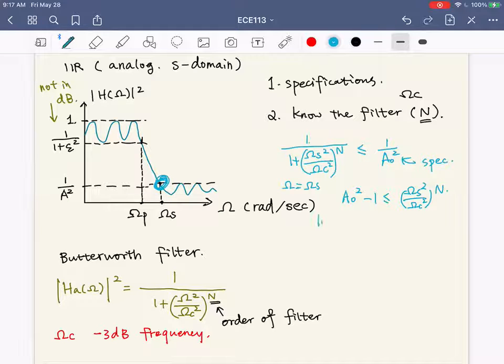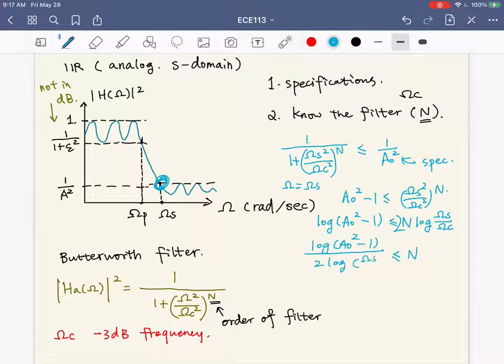Take the log on the left side, we got this, and take the log on the right side, you have the n out of the log, and you have a 2 here to cancel out your square. Remember we want the n, so 2 log omega s over omega c, correct?